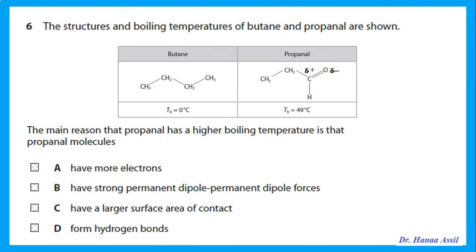Propanol has dipole-dipole interactions due to the permanent dipole between the carbon and the oxygen. So this is why we would have higher boiling point for propanol, since the dipole-dipole interactions are stronger than the weaker van der Waals forces or London dispersion forces in butane.